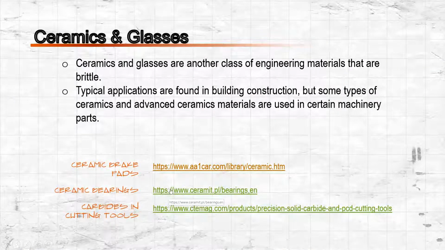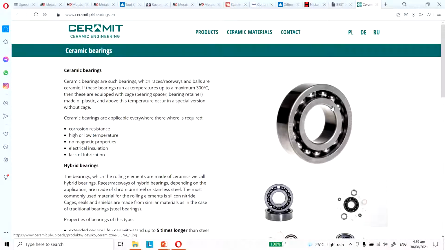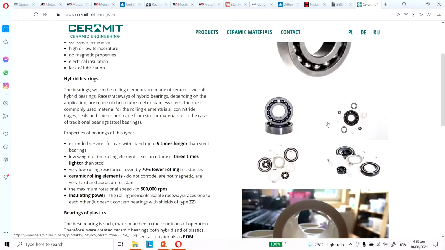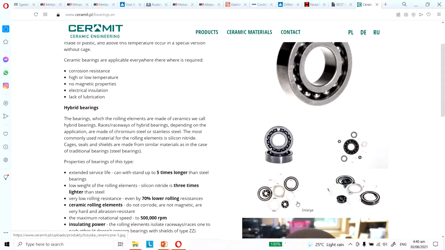We also have ceramic bearings. Typically, bearings are steel, I mean, metal materials, but there are also developments in bearing materials, so there are also ceramic bearings because of the characteristics of ceramic materials, which have corrosion resistance, can withstand high or low temperatures, and have electrical insulation and lack of lubrication needs.